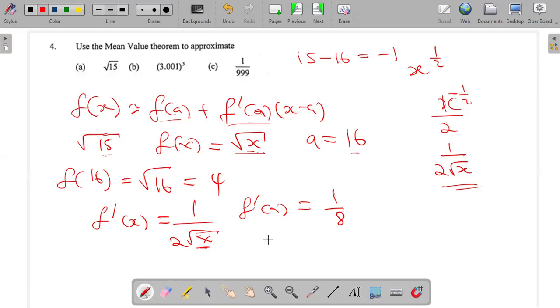Nothing hard about this. So you just say f of x is approximately, and our f of x is just 15 in our case.